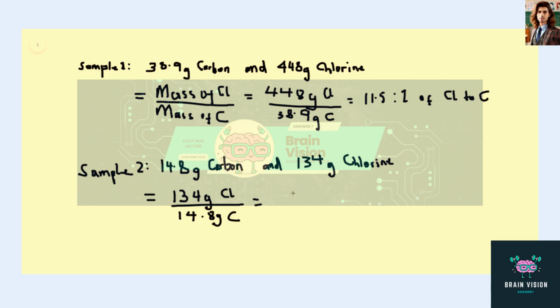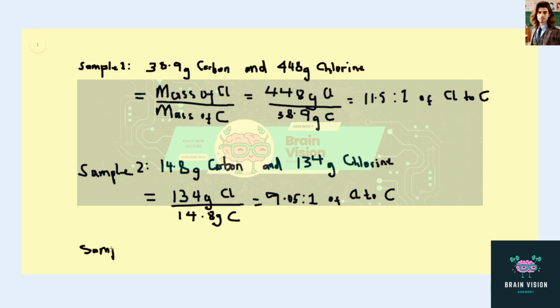This gives us approximately 9.05, which means that we have 9.05 times more chlorine than we do of carbon. So the ratio is 9.05 is to 1 of chlorine to carbon.